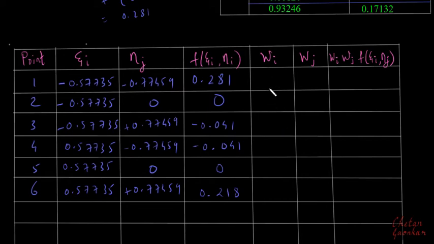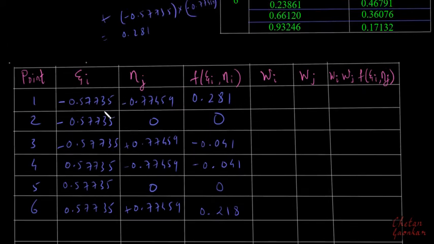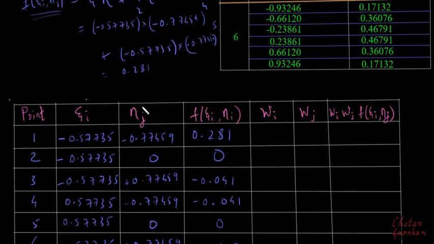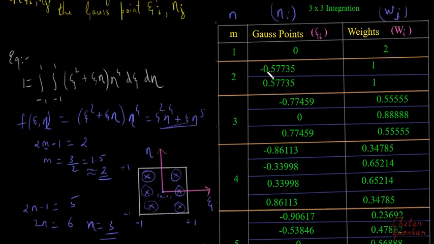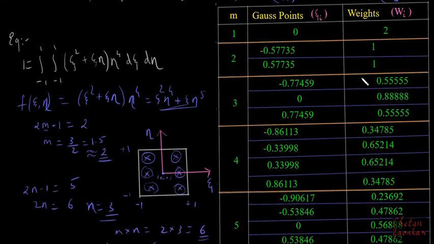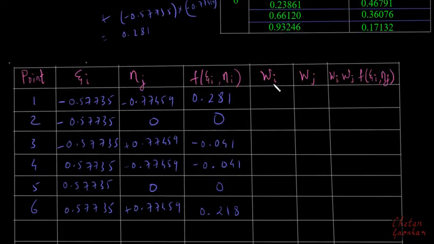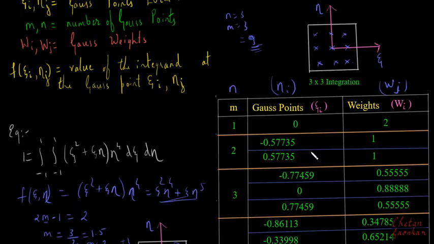And then if I look at the corresponding weights of xi i, for the minus value the weight was 1, and even for the plus value the weight was 1. So for all three of these the weights were 1, and for these all three the weights were 1, right, from here.